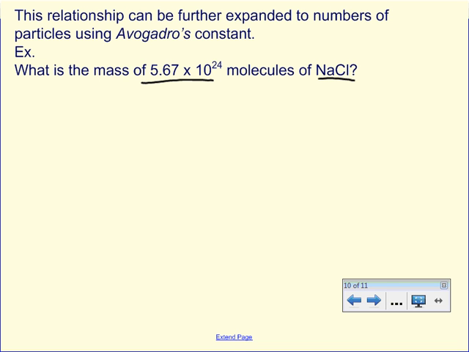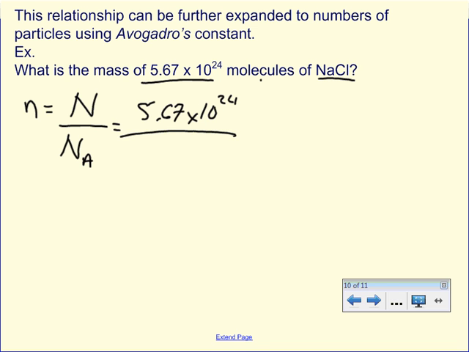So I can figure out the number of moles with my number of molecules and Avogadro's number. So the number of moles is going to be equal to the number of particles, or in this case molecules, over Avogadro's number: 5.67 times 10 to the 24 over 6.02 times 10 to the 23. So these all cancel out. I'm left with 56.7 divided by 6.02, which gives me 9.4 moles of NaCl.